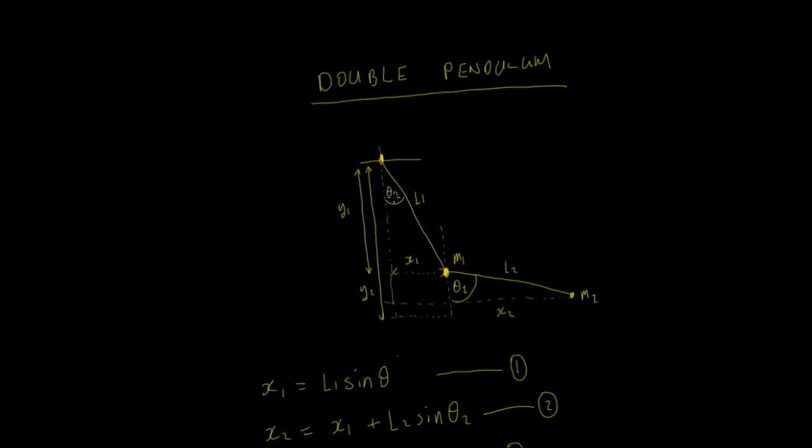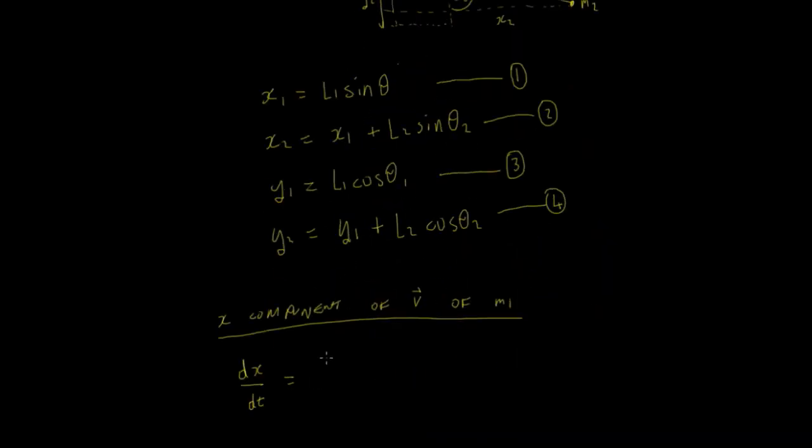So that means that when we look at dx by dt, in order to get dx by dt, we've got to use the chain rule, and we've got to look at the rate of change of dx with respect to d theta, times the rate of change of d theta by dt.